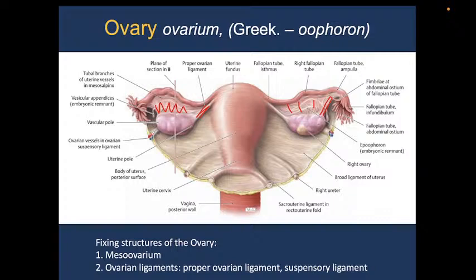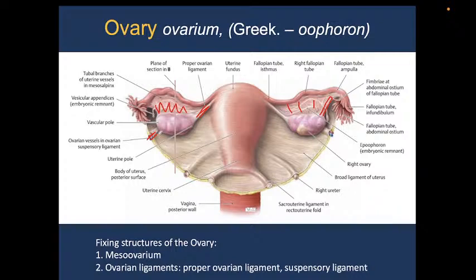There are vessels coming to the ovarium from the uterine artery and veins, but also vessels coming from the place where the ovary was developed, was formed, in the embryonal period of life.